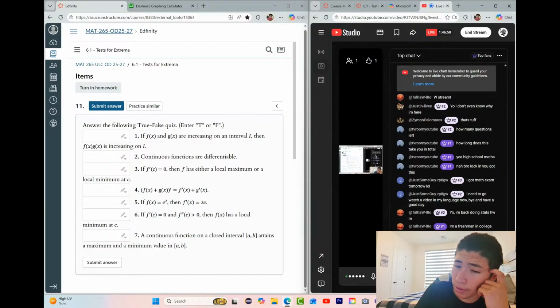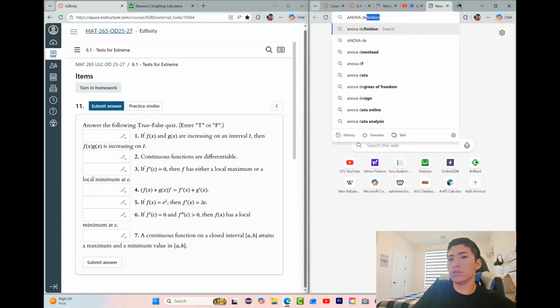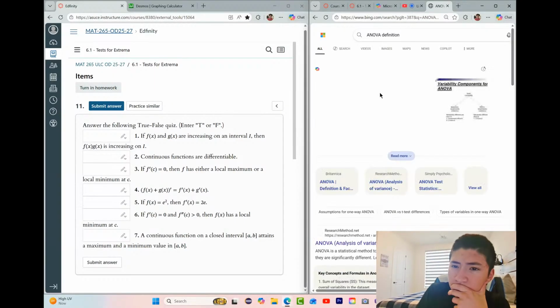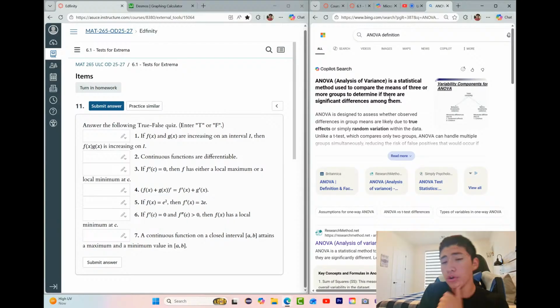Okay. I'm not sure what that is. Analysis of variance. Oh, really cool. It's a method used to compare the means of three or more groups to determine if there are significant differences among them. Interesting. Okay.